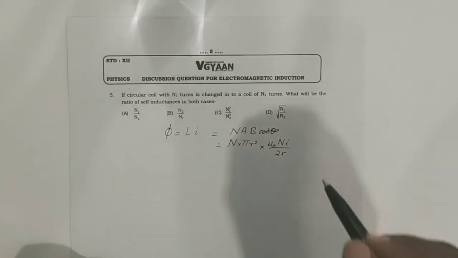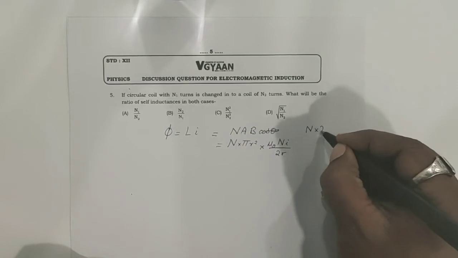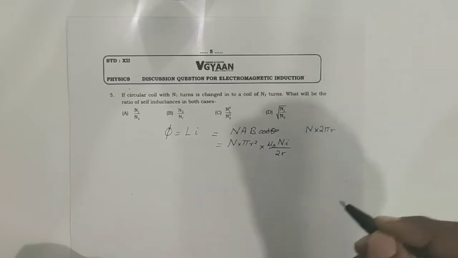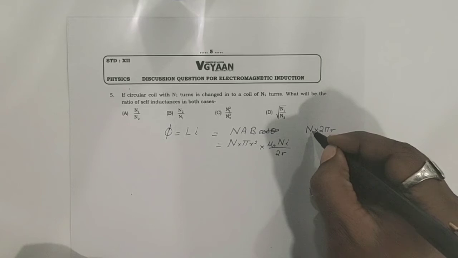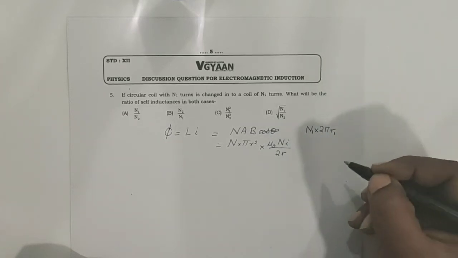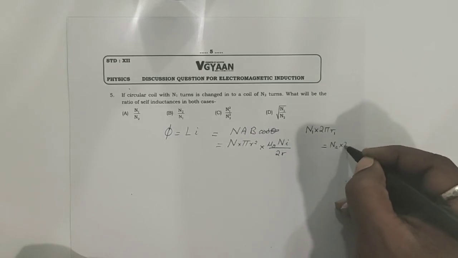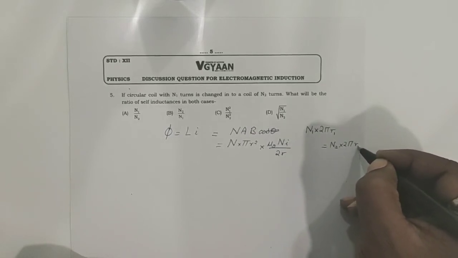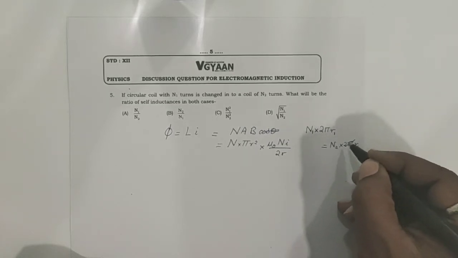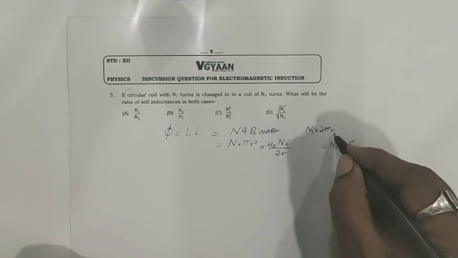The total length of any coil will be the number of turns multiplied by its circumference, that is 2 pi r. So initially if the number of turns was N1, the radius of the coil was R1. If I change the number of turns, the radius is obviously going to change. So radius and number of turns are inversely proportional.